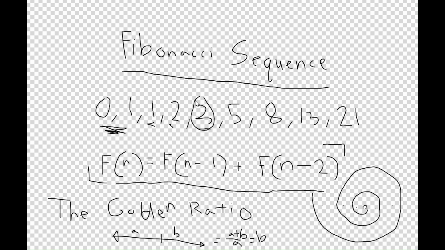So like in our previous example, we had 3. So 3 minus 1 was equal to 2, which is the one previous number before. And then we also have 3 minus 2, which is equal to 1, which is 2 numbers prior before it. And so once we add these 2 numbers prior, we will always get the number that we started with, set by the equation. And this is how this picture correlates throughout the Fibonacci sequence.